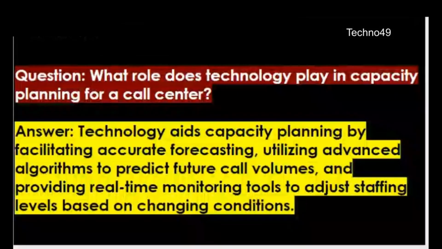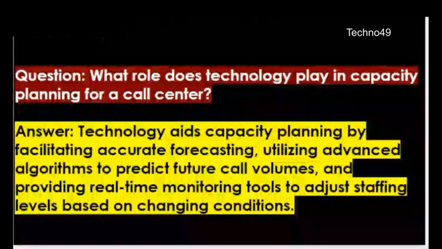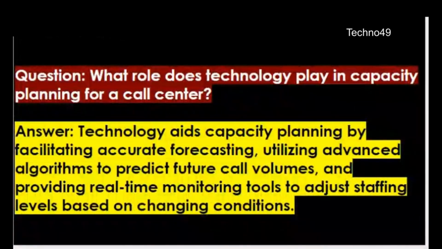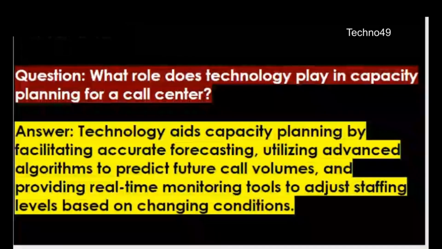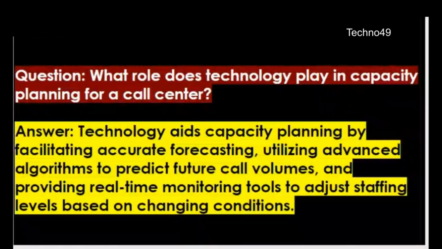For workforce management, we have different forecasting tools, which could be IEX, Verint, Calibrio, and a lot of other tools that play a very important role in getting the right forecasting done on the system without doing it manually. They use different algorithms within the tools to predict the call arrival pattern we may have in the future, and provide real-time monitoring tools to monitor all the real-time activities throughout the day.